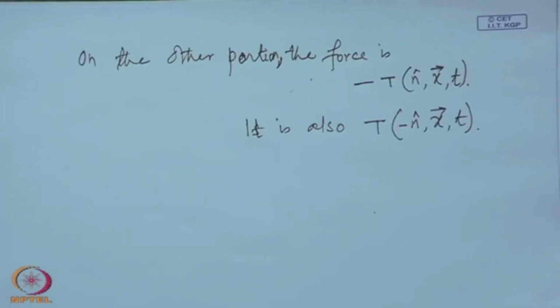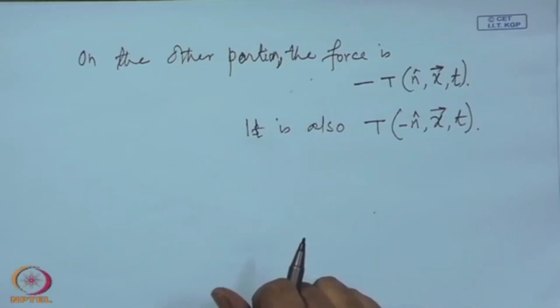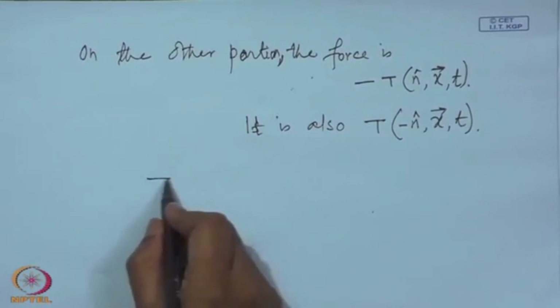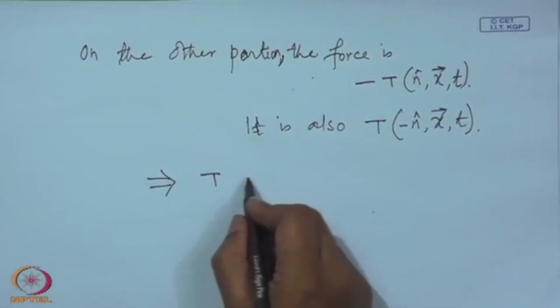If we change the direction of the normal the other way, that gives the same force. And what does it mean mathematically? That the surface force is an odd function of the normal.